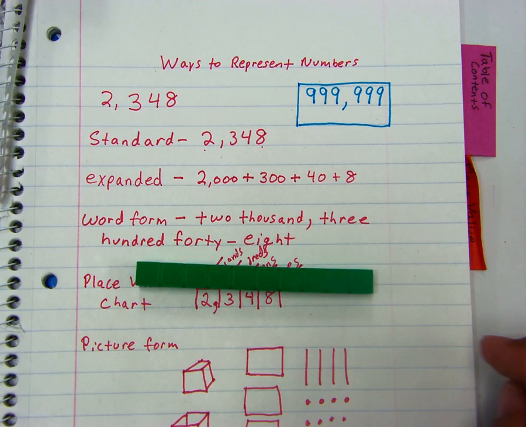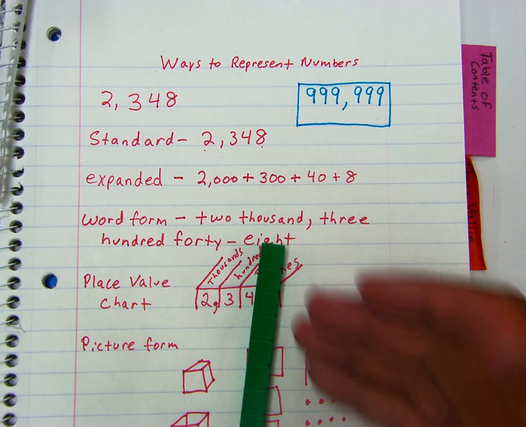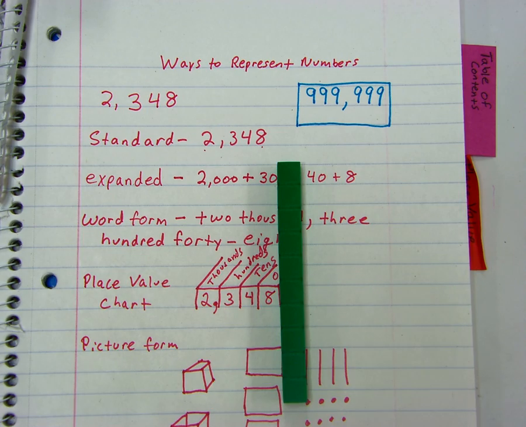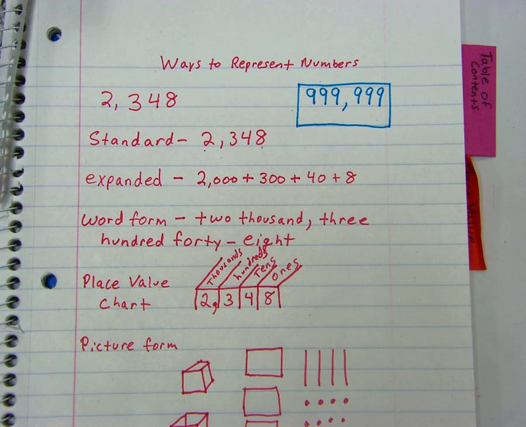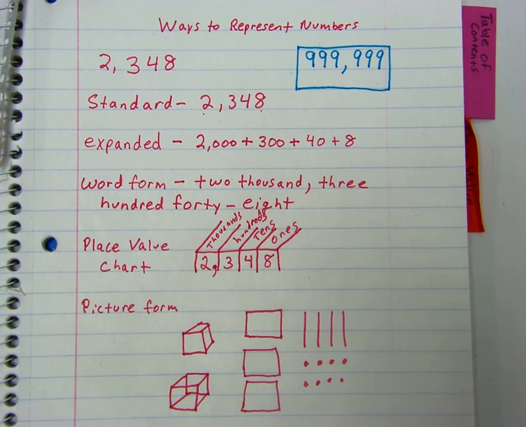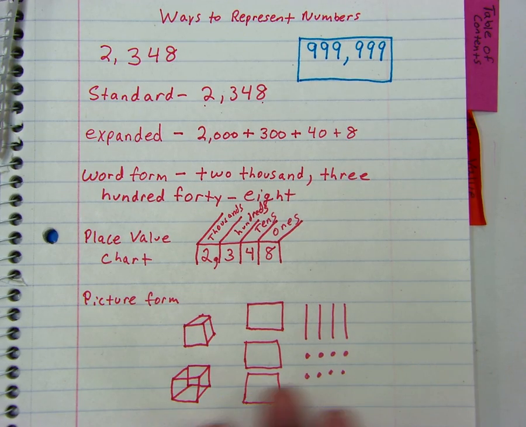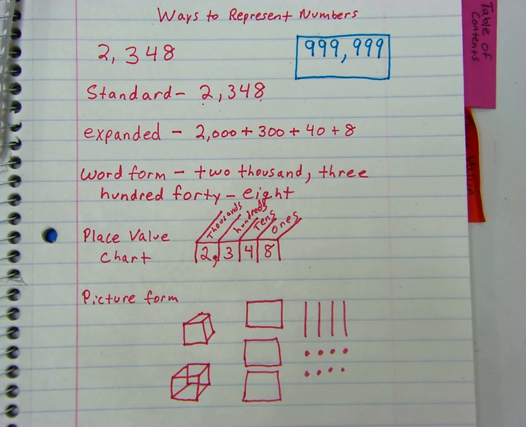Here we have our longs, which is also called a rod. And these are represented with 10 units in each. And then finally we have our unit, which is of course 1. So those are several different ways for us to represent our numbers.